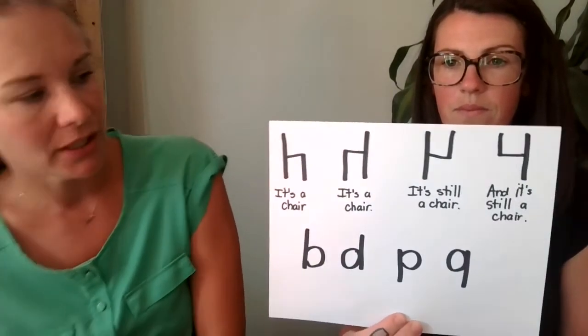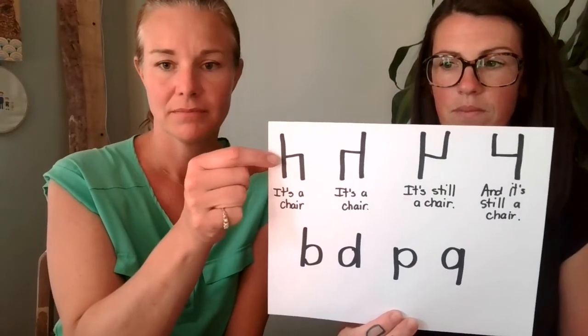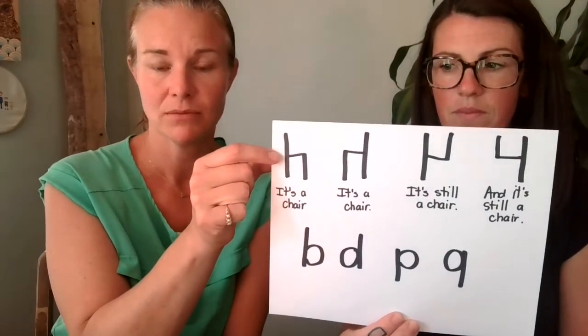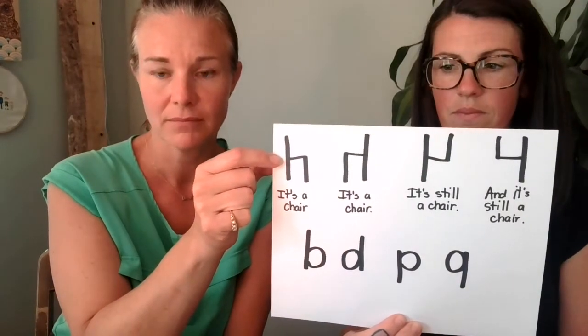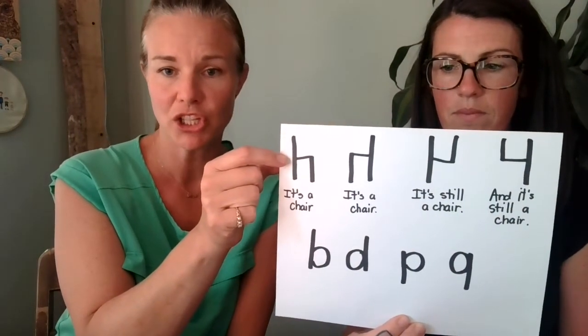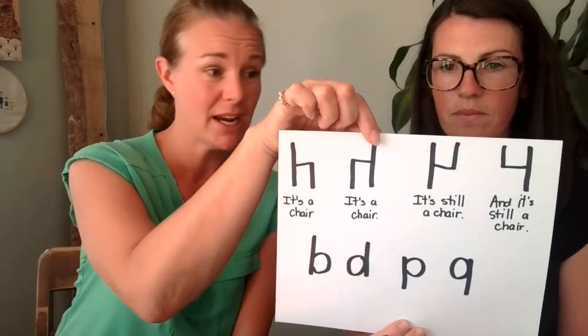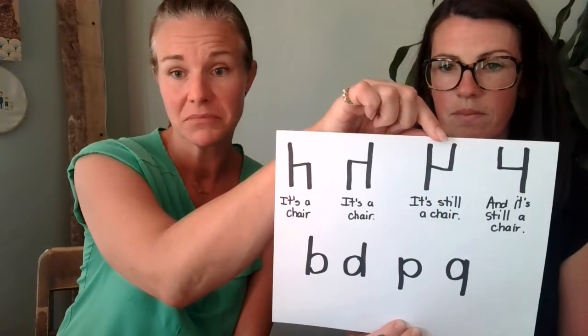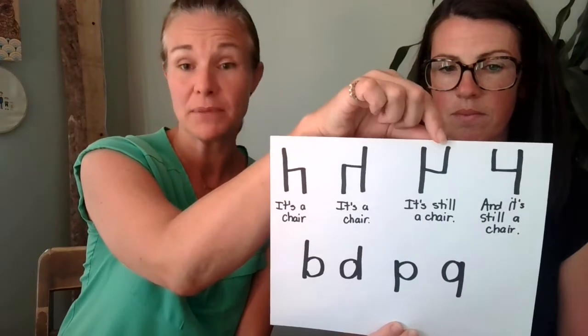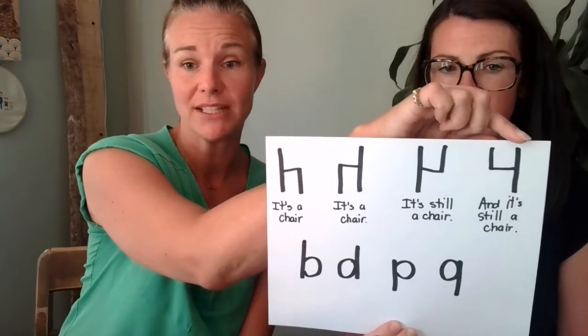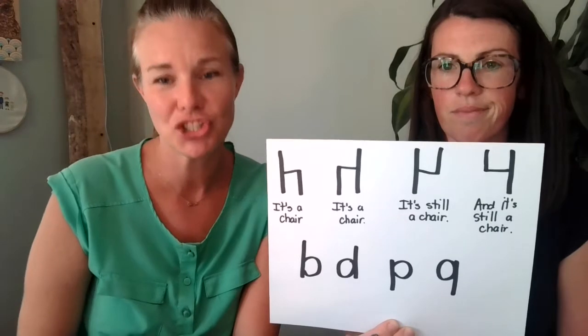So if we take a look at this symbol or object here, we can clearly see it's a chair. If we turn it around and change the orientation, it's still a chair. Now if I flip it upside down, it's still a chair. And if I have flipped it upside down and I change the orientation, it's still a chair.